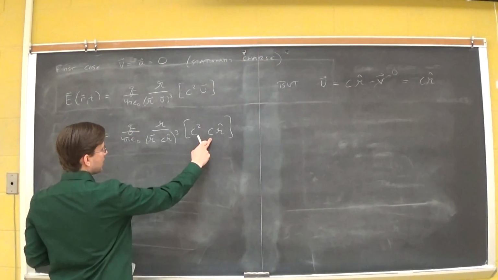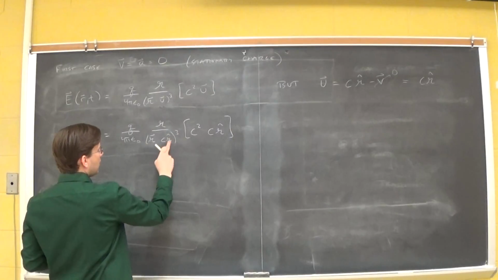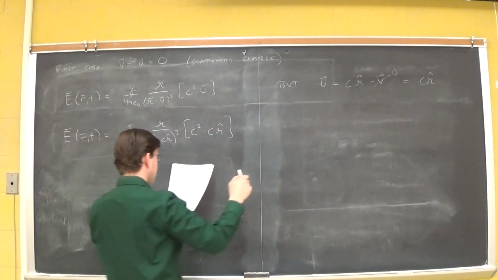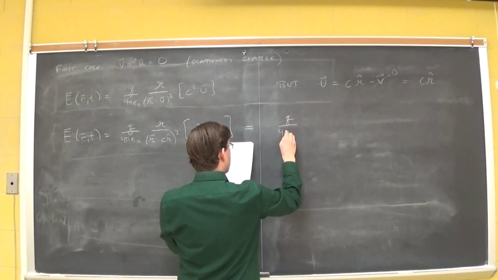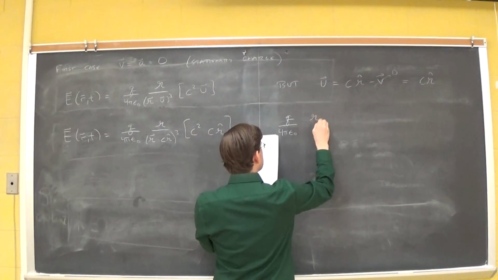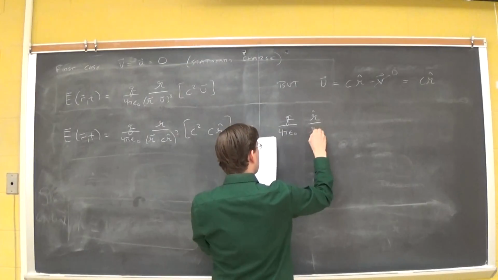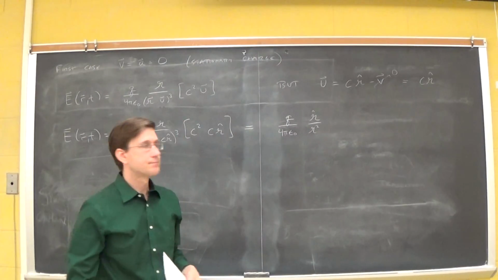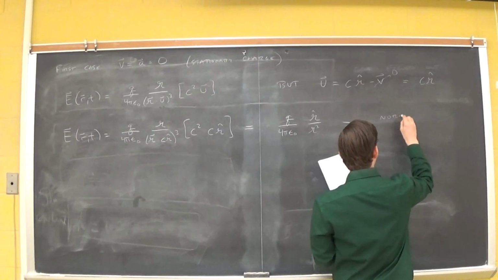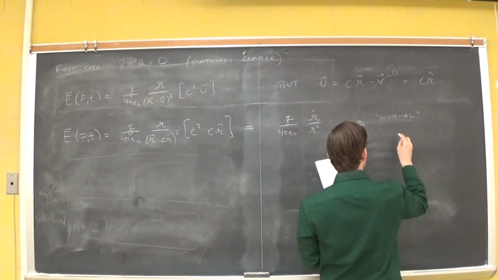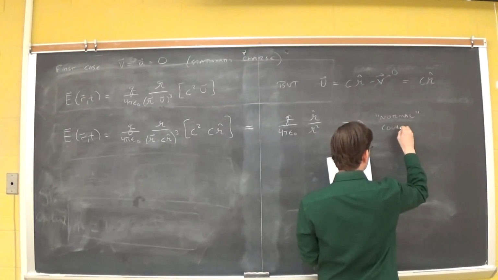Then we have a c cubed here, a c cubed here, and an R hat and an R hat. All this leaves us with q over 4 pi epsilon naught times curly R hat over curly R squared. This should really look familiar. This is our normal, in quotes, Coulomb potential.